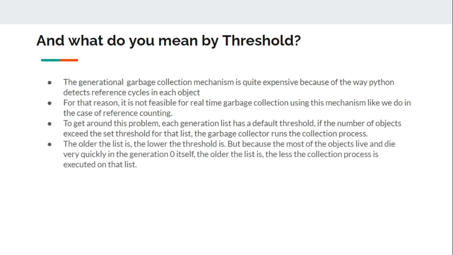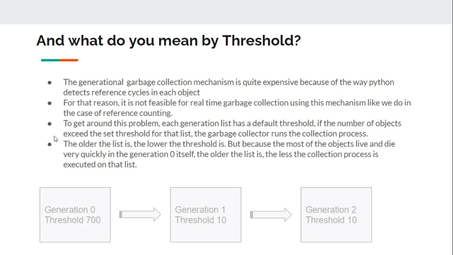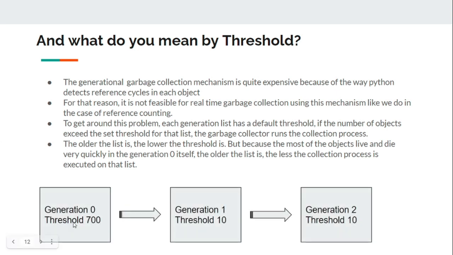And to get around this problem, we have default thresholds, and the older the list is, the lower the threshold is. So this is one thing that you have to keep in mind. Let me first tell you, the generation 0 list has a threshold of 700. So whenever the Python memory manager notices that the number of objects in generation 0 crosses 700, it will run a garbage collection round on generation 0.